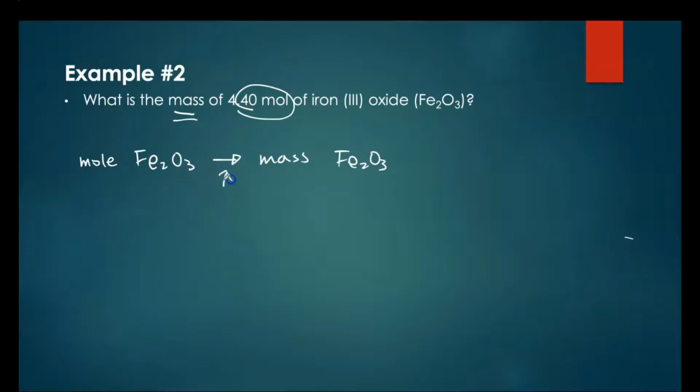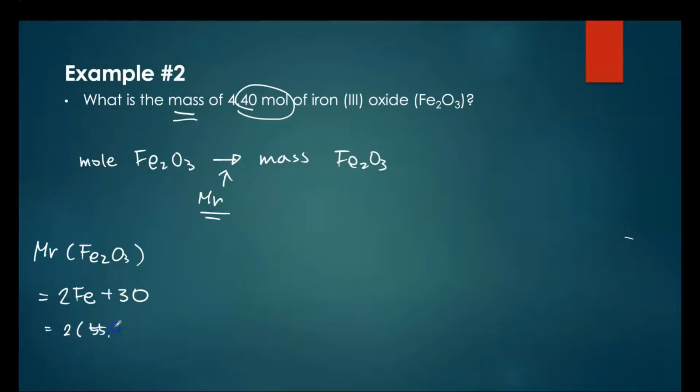Same thing, we're going to use the molar mass. First find the molar mass of the iron(III) oxide. It's going to be 2 times Fe plus 3 times oxygen, so 2 times 55.85 plus 3 times 16.